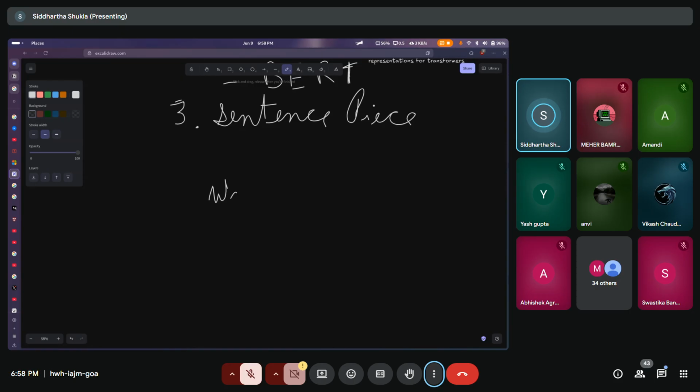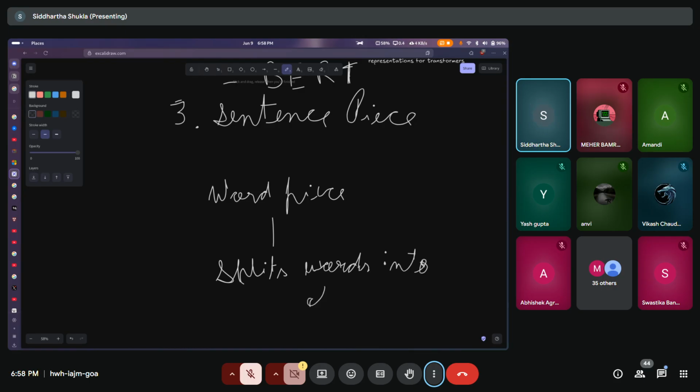It splits words into characters, and then it merges the most frequent combinations of these into subwords.